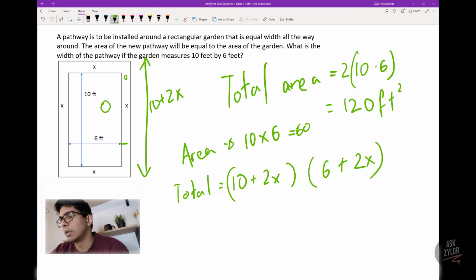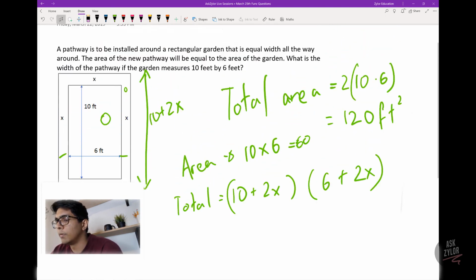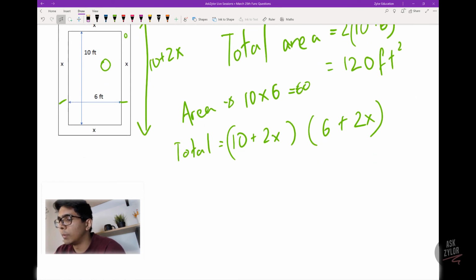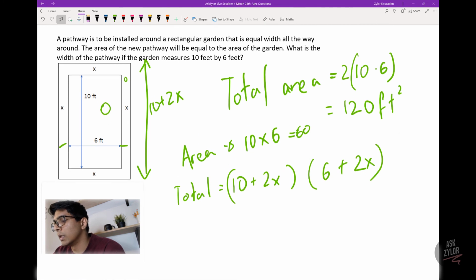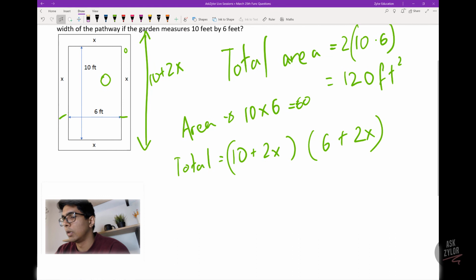Because my path, there's 2 x's in each length and width. But I need to find the width of the pathway. So the area of the pathway is going to be the same as the area inside, so it's going to be 60 as well. So my total is going to be this.